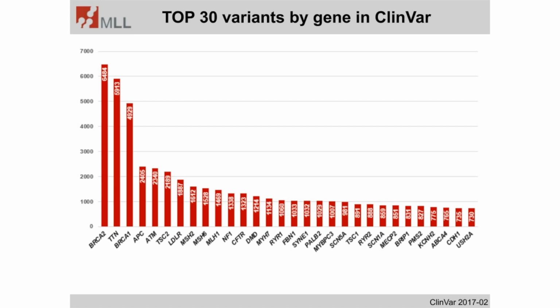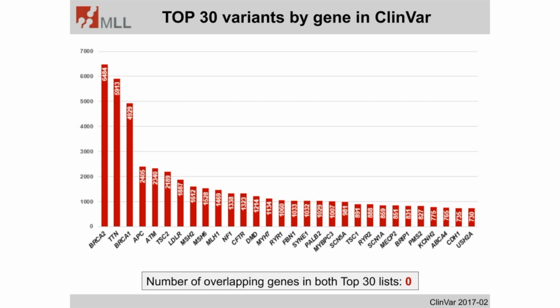And if you ask yourself about the overlap of our top 30 and the ClinVar top 30 genes, it is 0. That means we very often have to go back to our own database to see if there's a new finding. And as databases outside the hematological world show a lot of genes that we are not normally seeing in our diseases, this has to be taken into account.